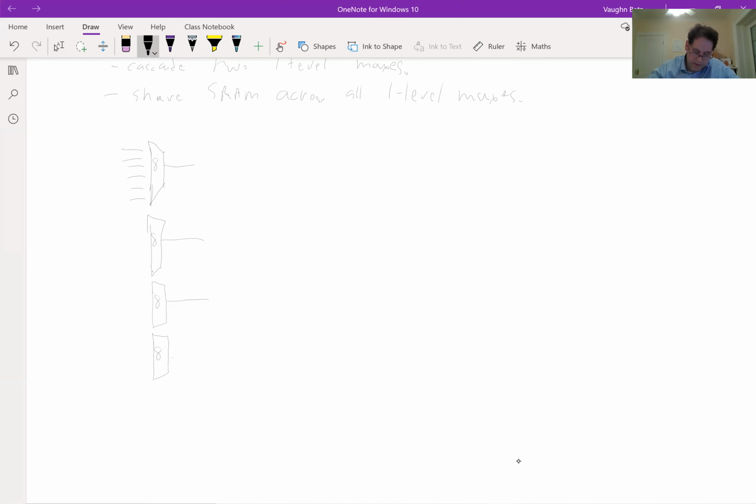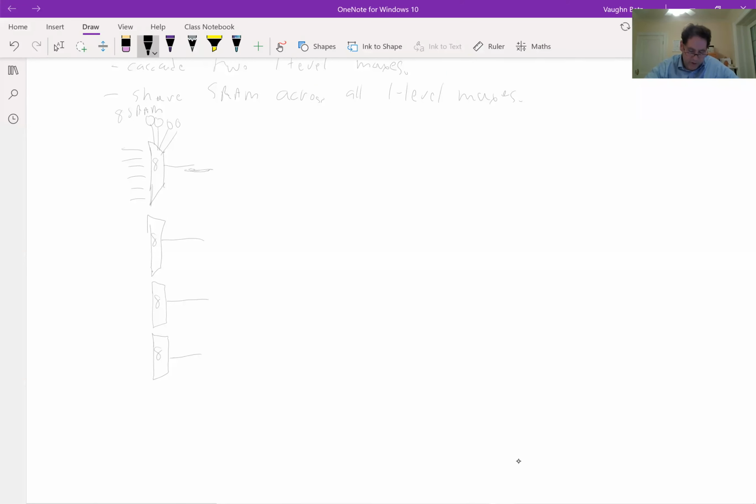Each of these is built with 8 pass transistors and 8 SRAM cells. So 8 SRAM cells are going to control these, inside here, controlling the pass transistors.